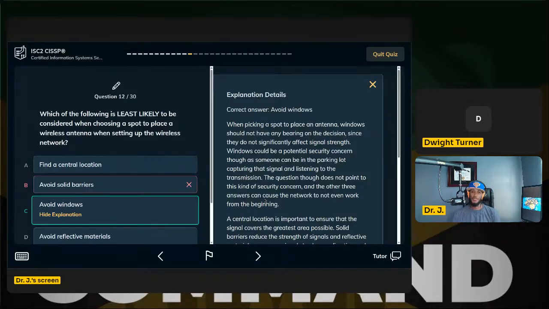They should have a better focus of what you're looking for in this scenario, because right now I'm thinking you don't want to pick a location that's going to affect the performance of your wireless network, and that's why I chose solid barriers. Not a fan of this question, and even the explanation is a little clunky.